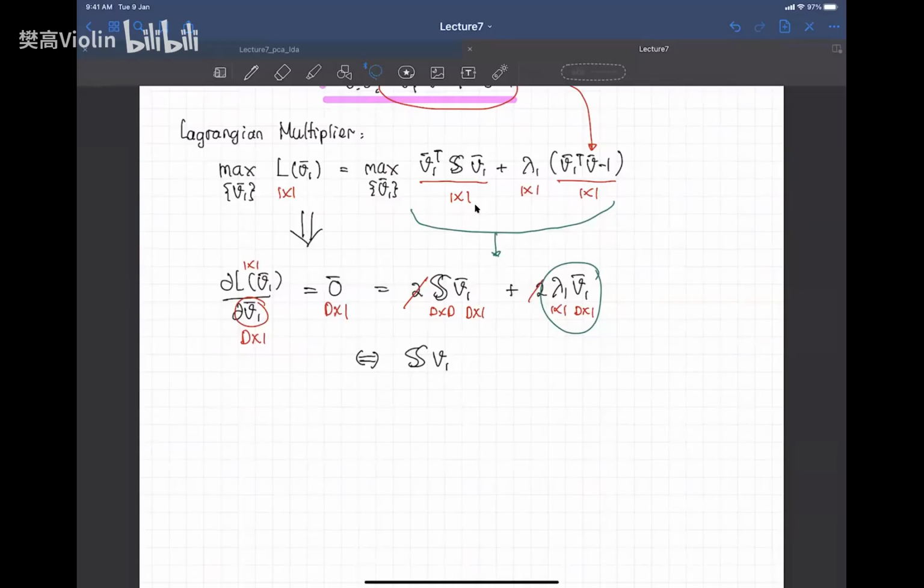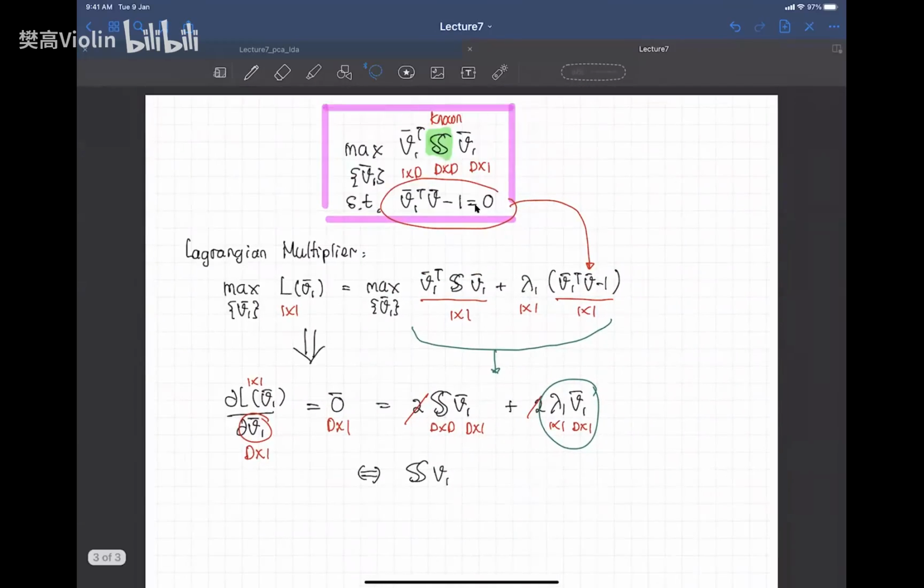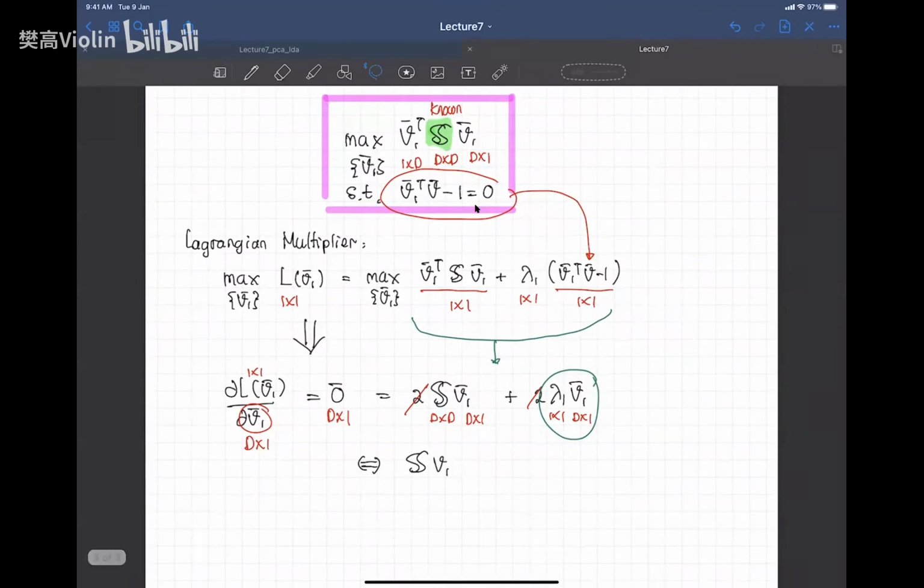There is actually something wrong with what I'm writing here. The equation here is not nice. It's not wrong, but it's not nice because this one becomes minus lambda 1 V1, right? This is not something that we want.